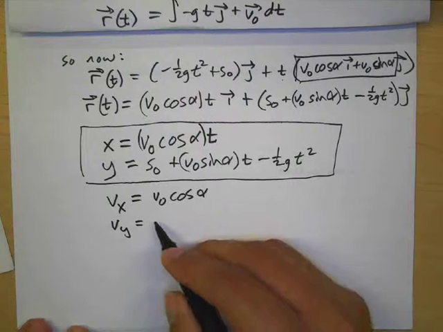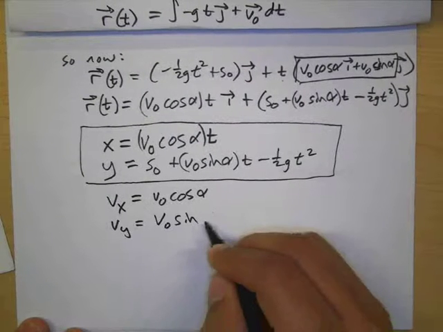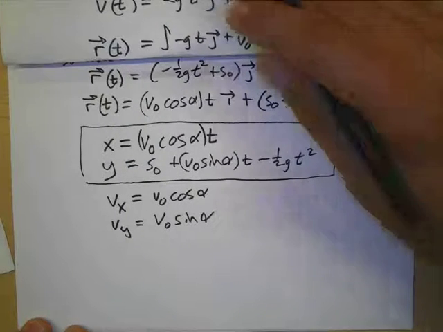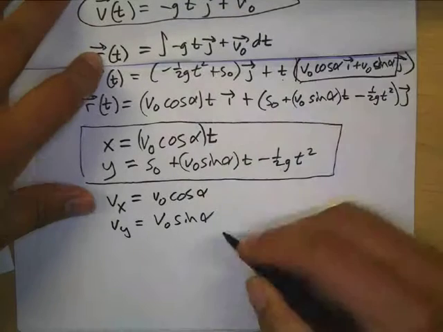So in the y direction, we would have v naught sine alpha, and then this first component, which has a j, minus gt.